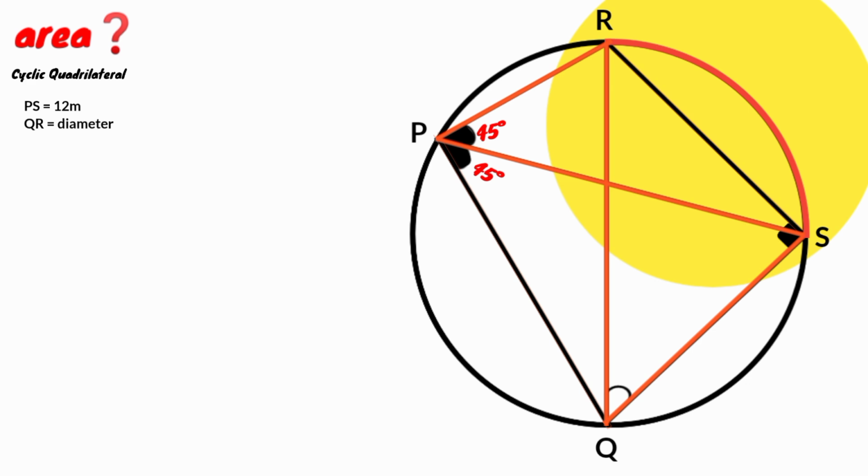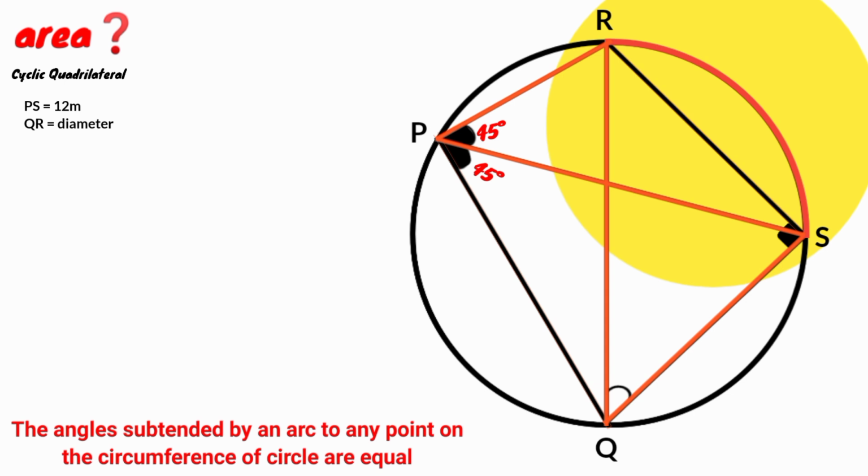Once again, from circle theory, there is a rule that the angles subtended by an arc to any point on the circumference of the circle are equal. So since this is 45 degrees, this must also be 45 degrees in size.